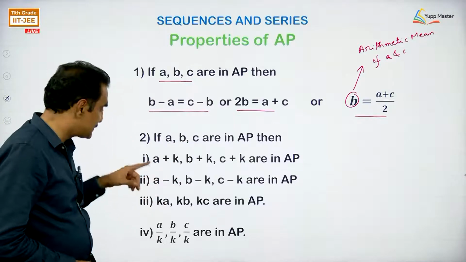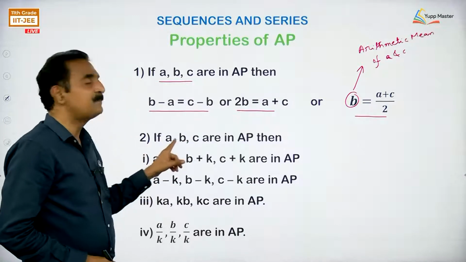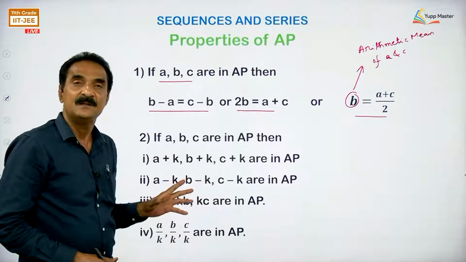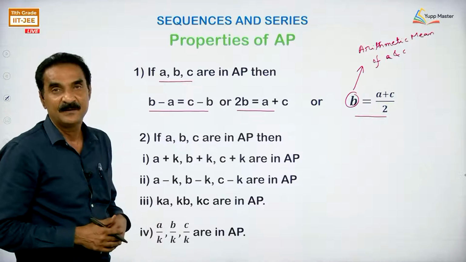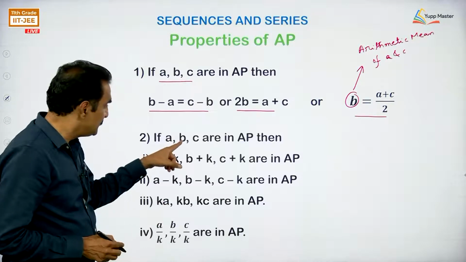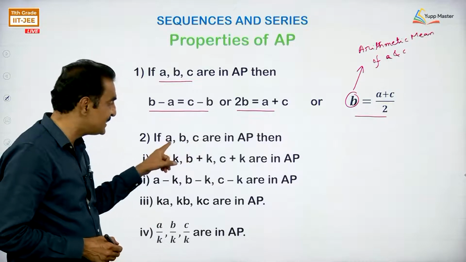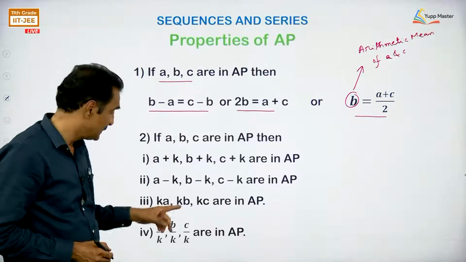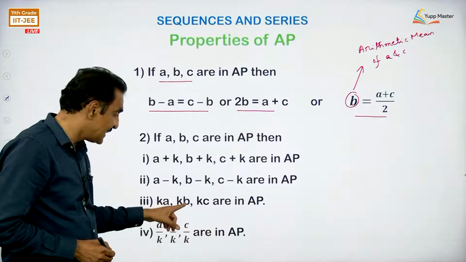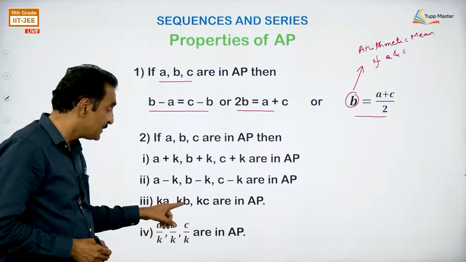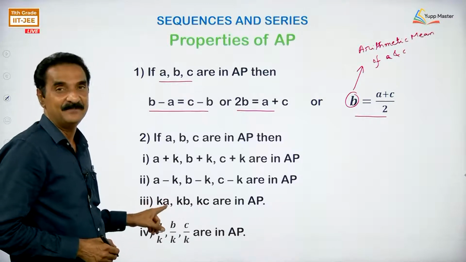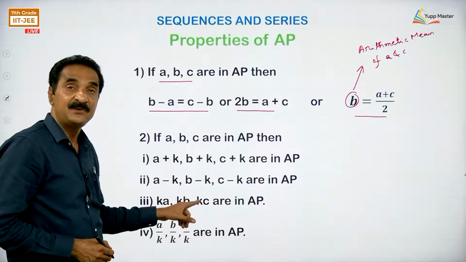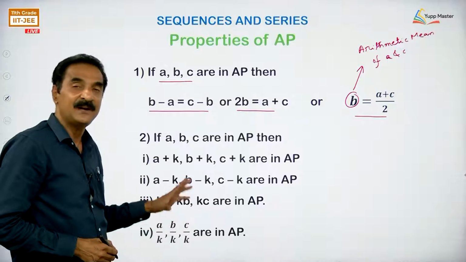Okay. Next, if you multiply every term by K, KA, KB, KC, they will be in AP again. Here what happens, if A, B, C are in AP, B minus A is equal to C minus B, which is equal to the common difference D, say. Then the second term minus first term is K into (B minus A), that is KD. Third term minus second term is what? K into (C minus B), that is also KD.